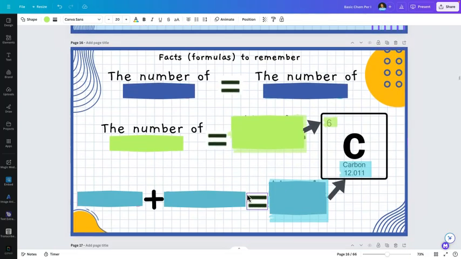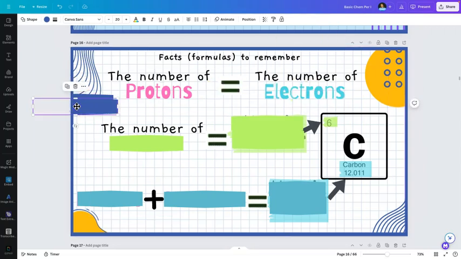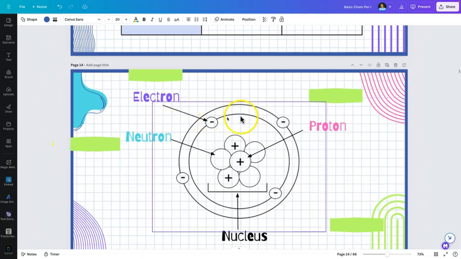Now, these are facts that you have to know in order to answer questions on the test. The number of protons always equals what? The number of electrons, okay? So if I gave you the letter B outside, and there was 1, 2, 3, 4, then whatever there's 4 of inside would be the protons.